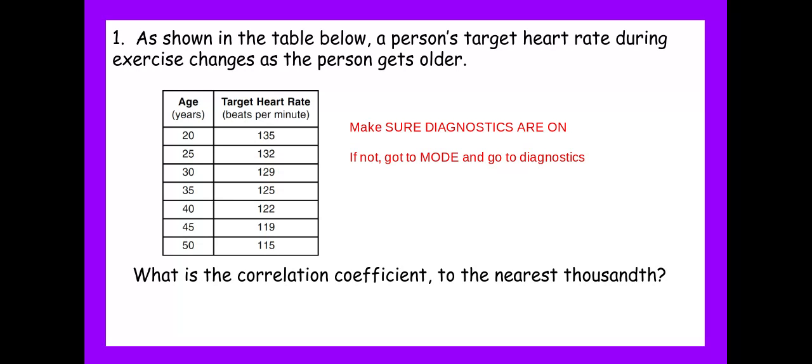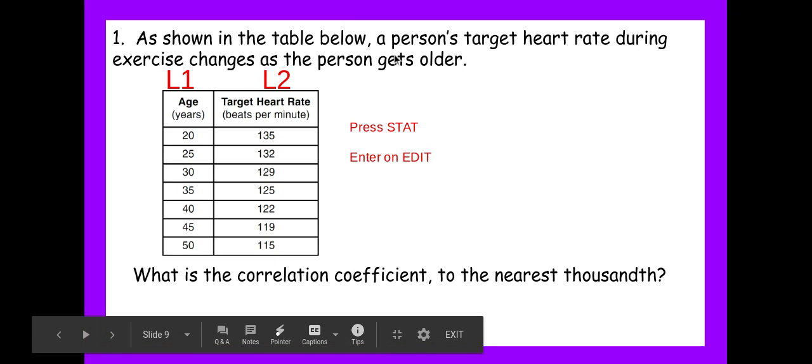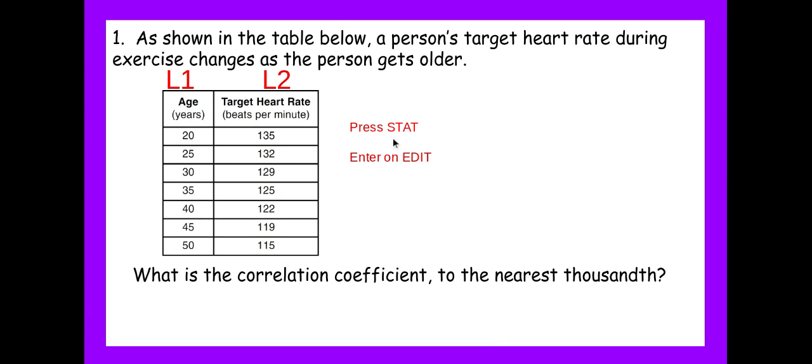Okay, now we're going to plug the data in here into list 1 and the data here into list 2. If you can't remember, you're going to press stat and then enter on edit and push those numbers in. Pause this video so you can plug the numbers in.